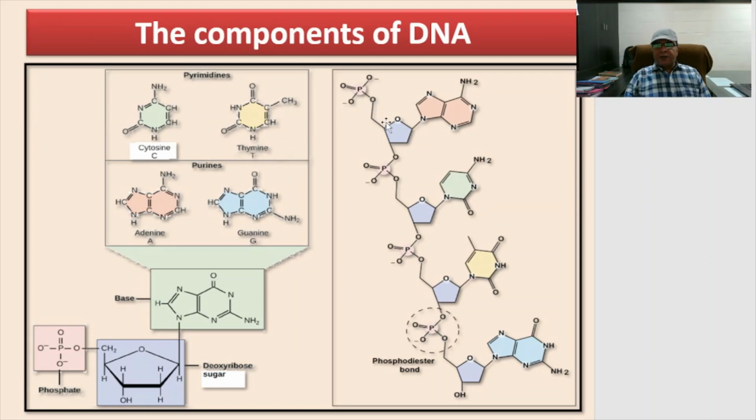So every nucleotide makes a phosphodiester bond with the successive nucleotide. In a DNA strand, this is known as the sugar phosphate backbone. These are the major features of the DNA polymer.